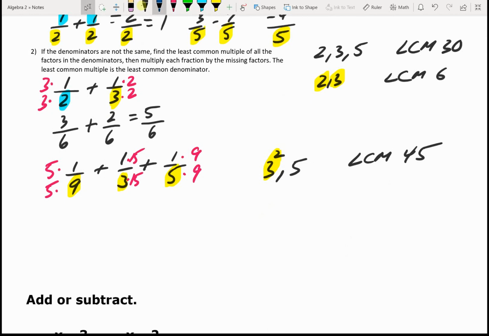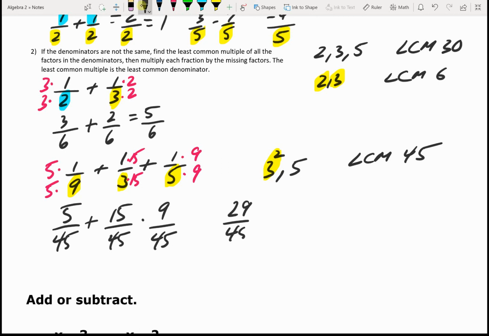So now, when I multiply, 5 times 1 is 5, so this would be 5/45. Plus 1 times 15 is 15, 15/45. And then 1 times 9 is 9, so 9/45. My denominator is the same, so I can add 5 plus 15 plus 9 will be 29/45.